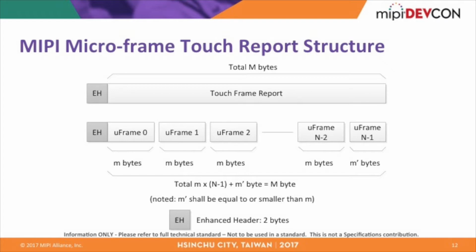So the data frame, the size of the data frame is not specified in the standard. The size of that enhanced header packet is 1 single byte. So the overhead of the touch report is only 1 byte, and that byte is optional. If you already know what your sensor data is, let's say it's always 1024 bytes, always, you do not need to waste 1 byte extra.